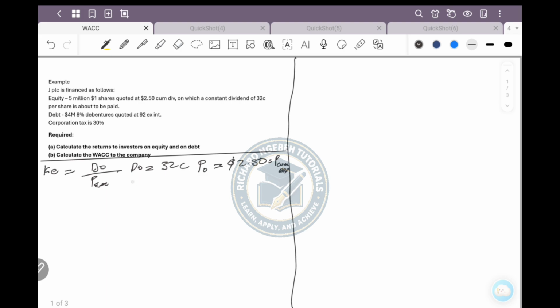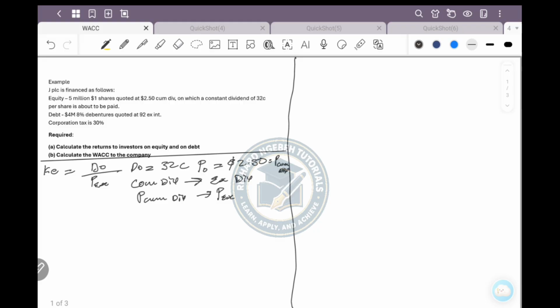So whenever you are given cum div, you have to transform this cum div into ex div. Basically, P cum div, for you to change it to P ex div, you just need to subtract the dividend from it.